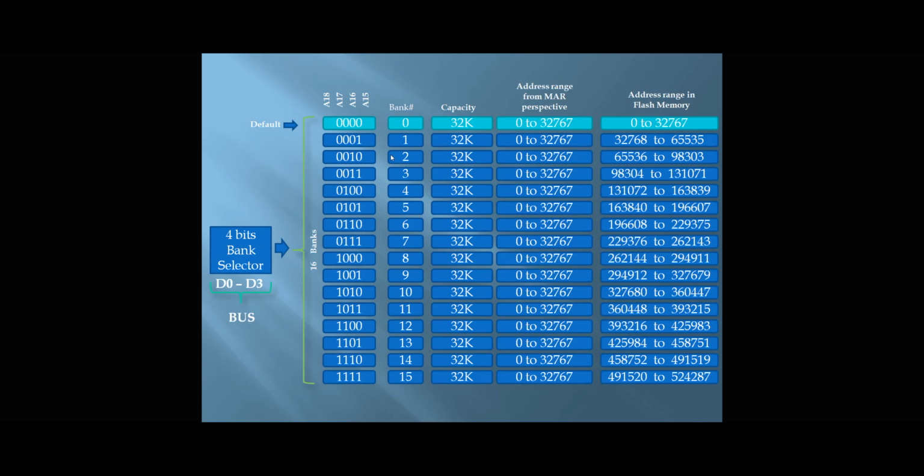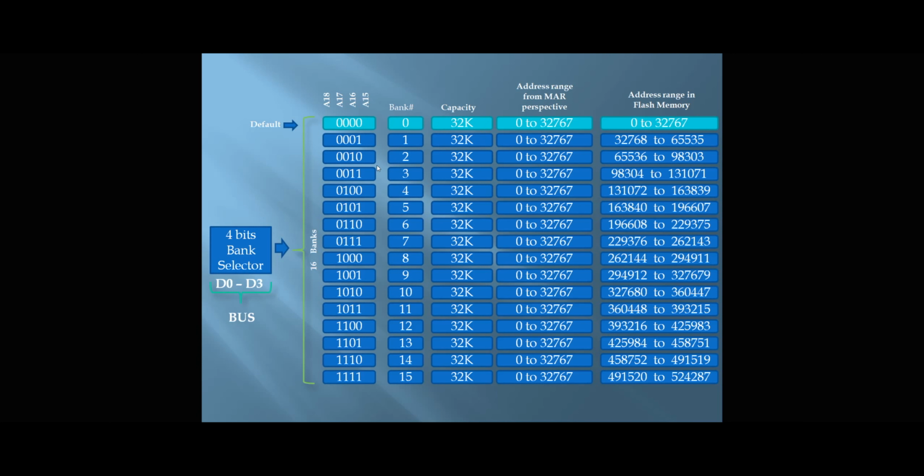But in general, you could imagine that at each point in time, we are pointing to one of these banks, meaning that we obviously could not read or write to, let's say, 2 or 3 of those banks at the same time, because our bank selector will be pointing to a specific bank, and inside that bank we have access to 32K of memory.